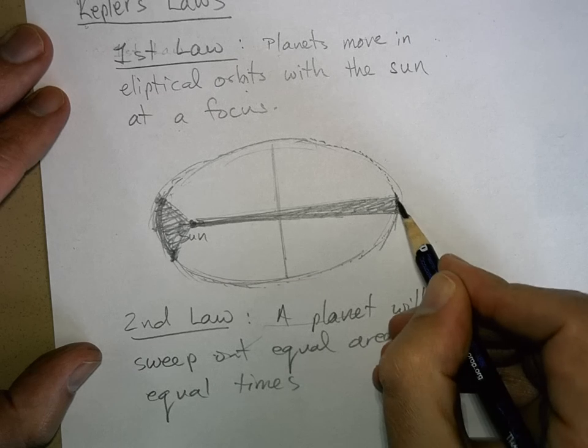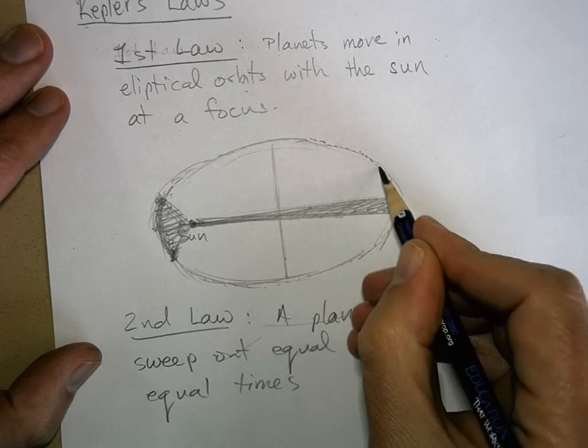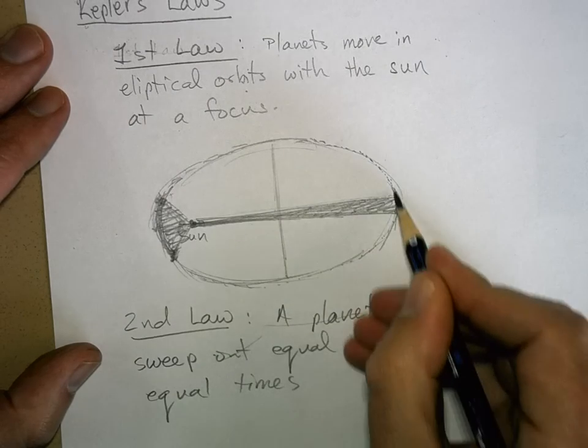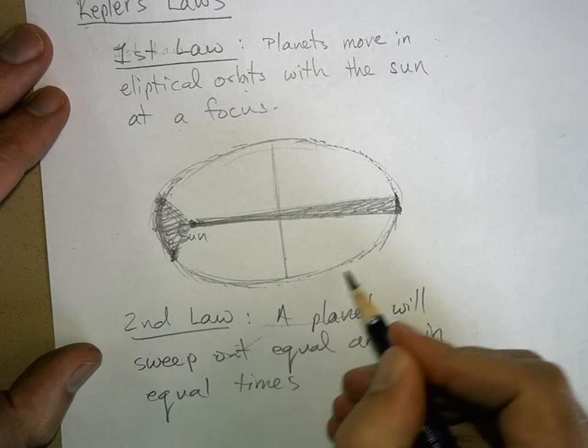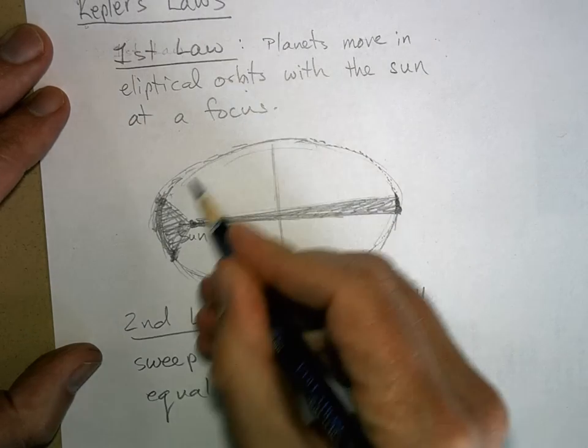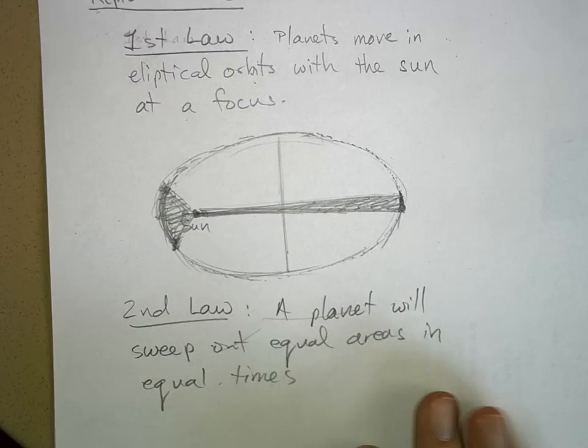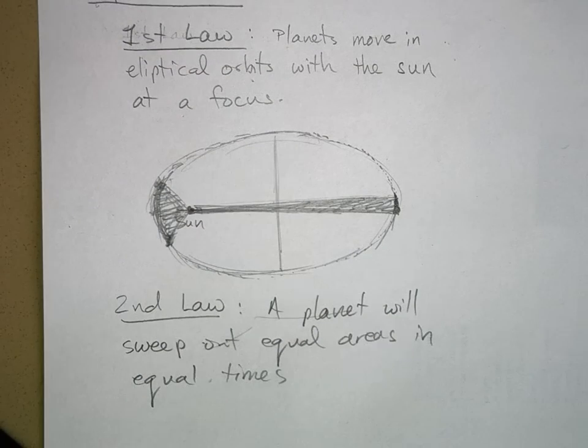Really, you go your slowest out here, and you go right here and you speed up. So you kind of go whoosh, whoosh, like that. Okay, actually, in space, there's no whoosh, but I think you can tell what I'm trying to do here. Well, let's prove this.